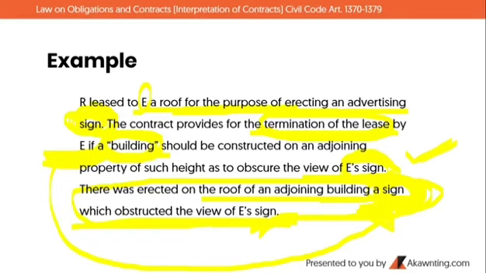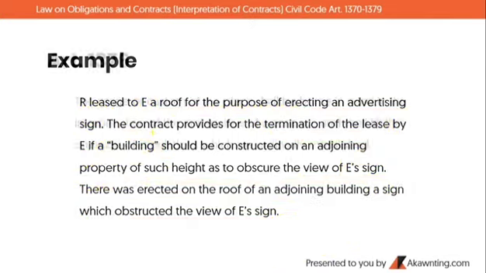Kasi, actually, any other object na pwedeng makatakip doon sa sign na pinatayo ni E. So, yun ang magiging interpretation sa contract na ito. Okay? So, if ever ipapaterminate niya yung contract of lease, okay, meron siyang sapat na ebidensya, or pag in-interpret tong contract na to in court, malamang mananalo siya. Okay? So, ayun, next tayo.